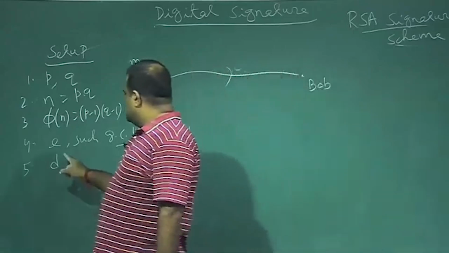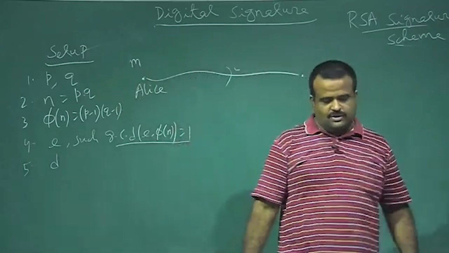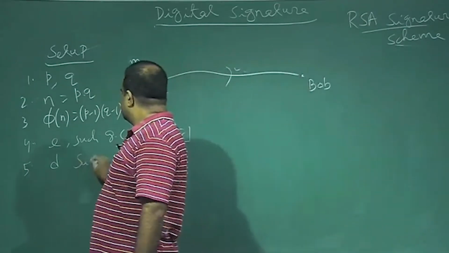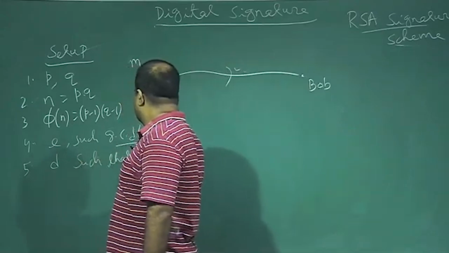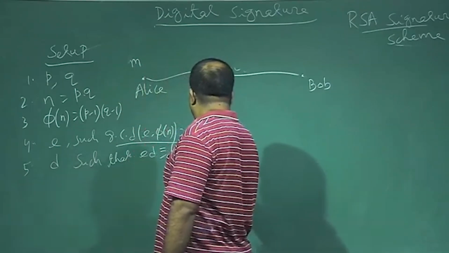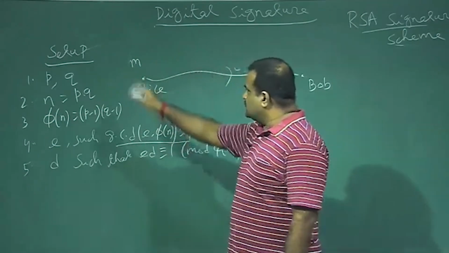So Alice has to find this D, and this D can be obtained by using the extended Euclidean algorithm such that ED is congruent to 1 mod phi n. Okay. So this is the setup phase.